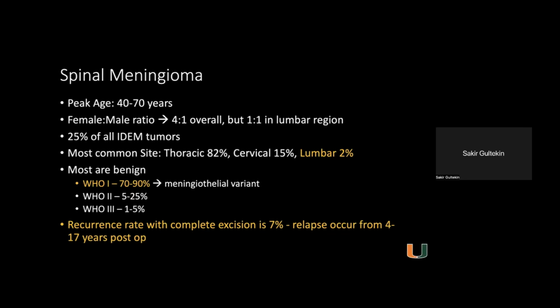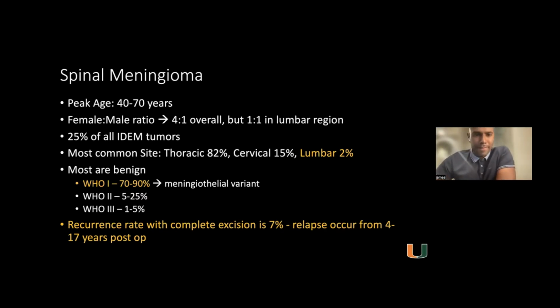That's not correct. Are they the most common variant of the WHO grade 1s? Meningothelial is a common variant. Depends on the location. For instance, in the skull base, we frequently see the fibrous or fibroblastic meningioma, but overall meningothelial would be a common variant. Yes, that's what I was getting across.